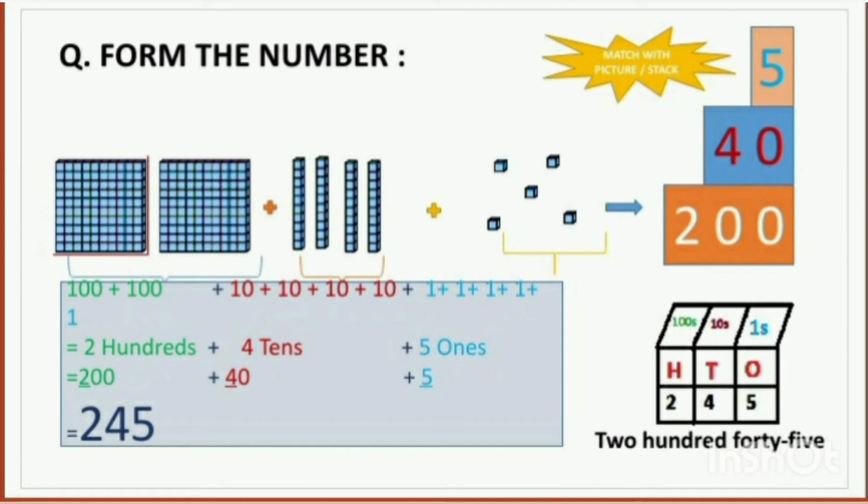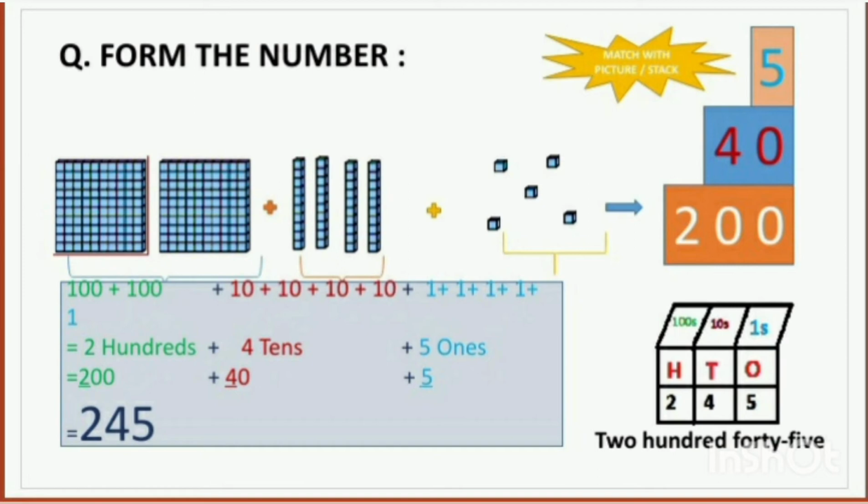So here when you start writing ones, tens and hundreds, moving from right to left, you will write the units digit first, that is count the number of unit cubes and write it in ones place. 5 cubes you have seen, so in ones place you need to write 5.